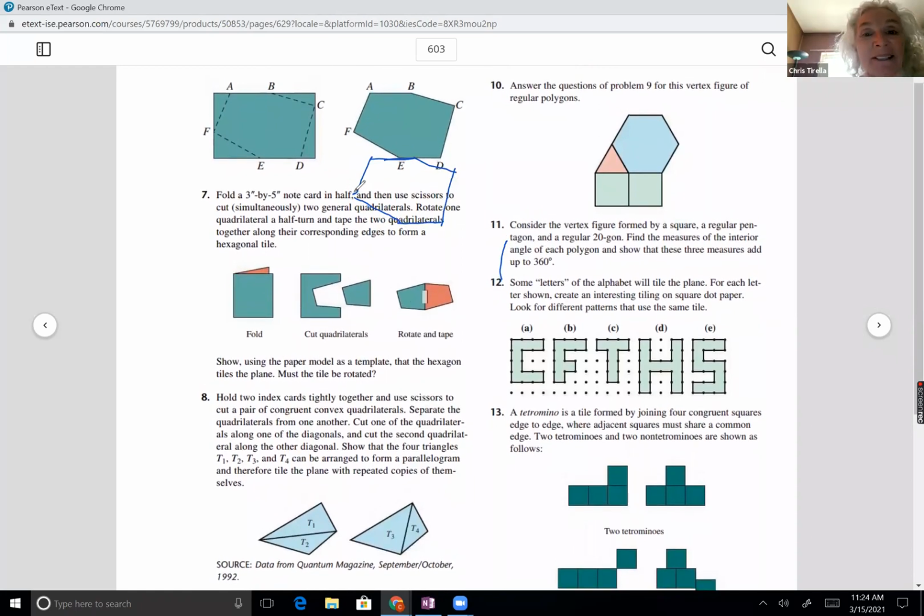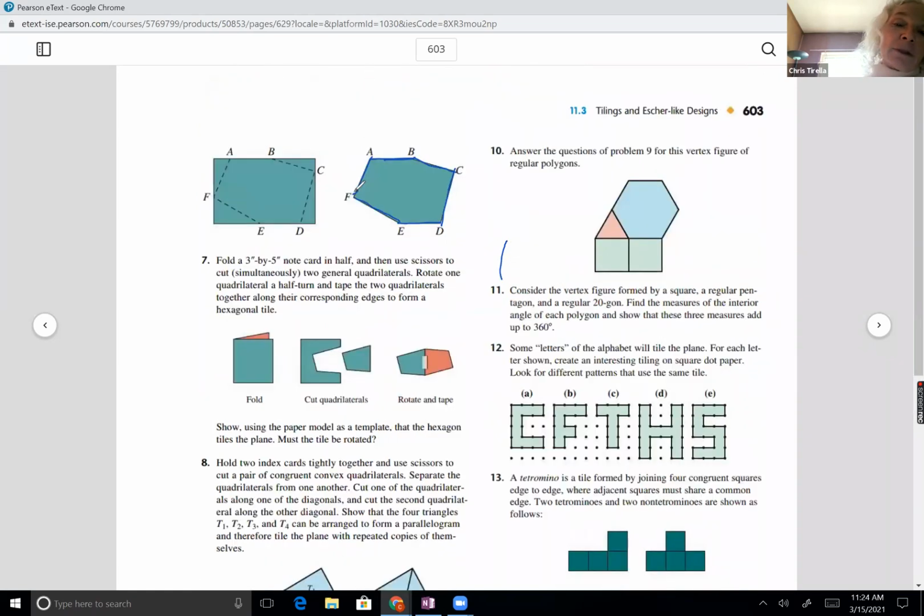I don't think I can slide that thing that I just drew. In order to match them up, I'm not going to be able to just slide them. I'm going to have to rotate my index card a little bit to get those puzzle pieces to fit together. Have you ever put together a puzzle? Sometimes you try to fit the piece in and it doesn't fit, and you have to spin it and turn it upside down in order to get it to fit. That's what they're saying.